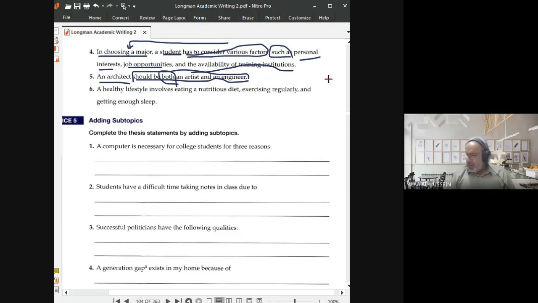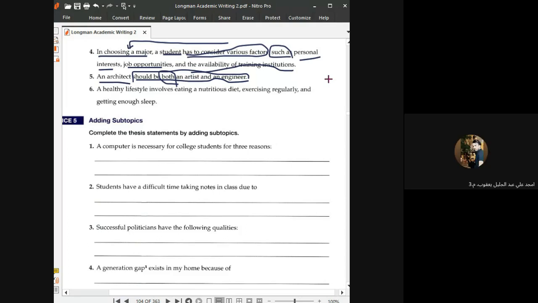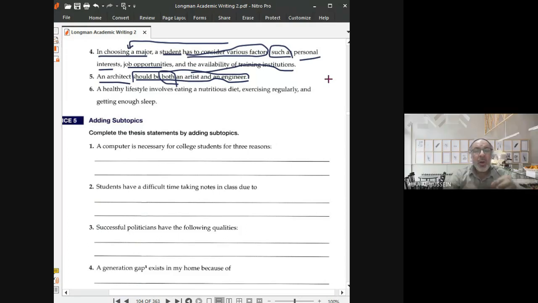Amjad, we did not give you a chance, maybe. Amjad? Yes. A healthy lifestyle is the topic, because here we have an adjective and a noun. So it is an adjectival phrase, and this whole phrase works as the topic: healthy lifestyle. Okay, so here is the topic.